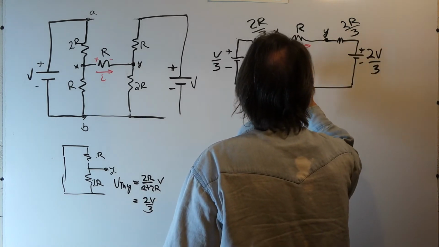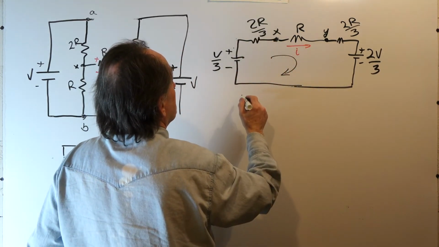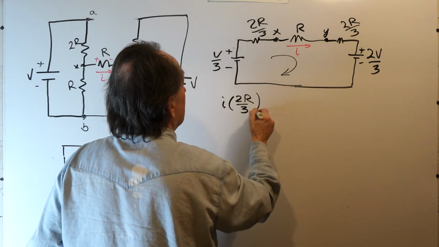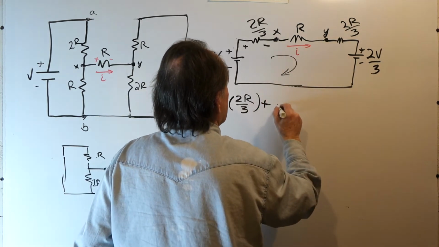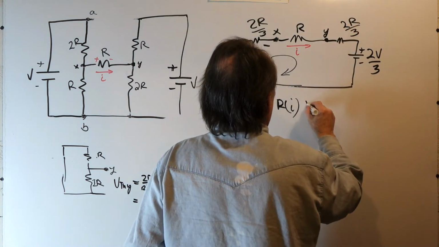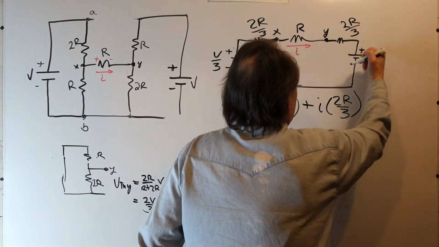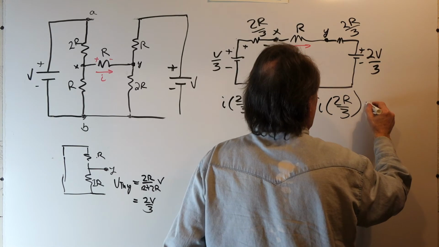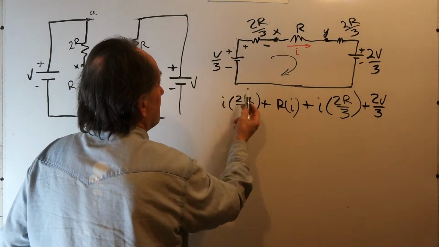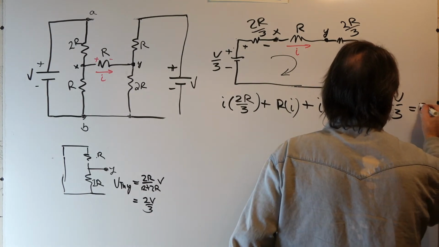Summing voltages around the loop, starting here, our current I goes through 2/3 R, so we have I times 2R over 3, that's the voltage here, plus RI, plus I going through 2R over 3, and we're going in the positive sense on this Thevenin source, so that's plus 2/3 V, and then we're coming in on the negative side here, so that's minus V over 3, and that's all equal to 0.